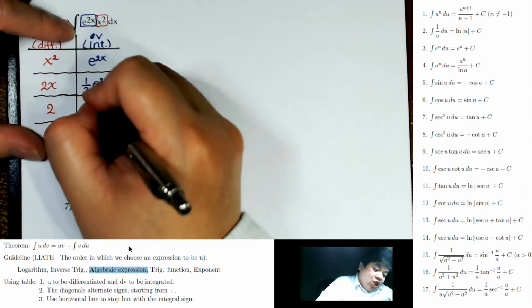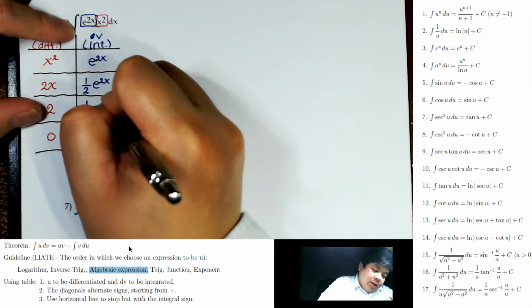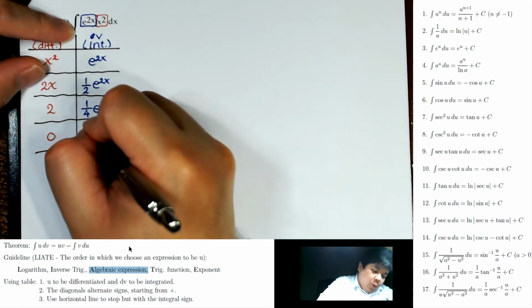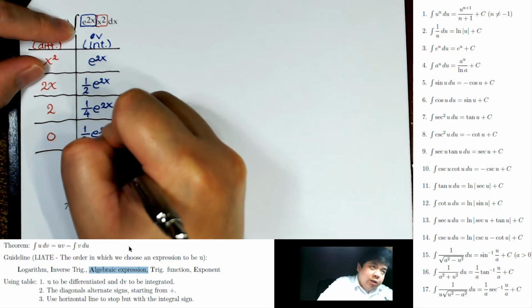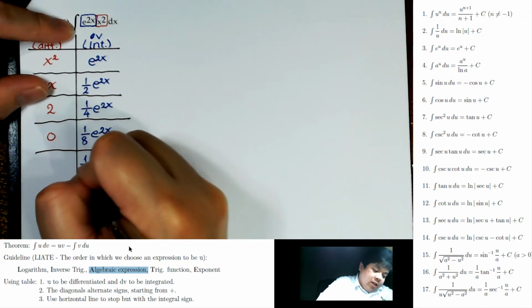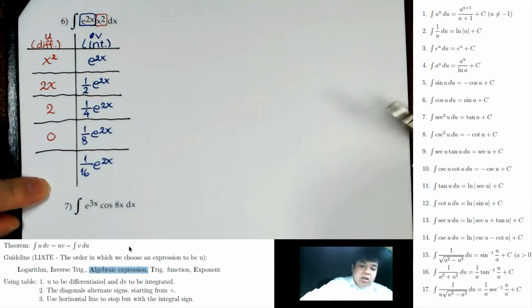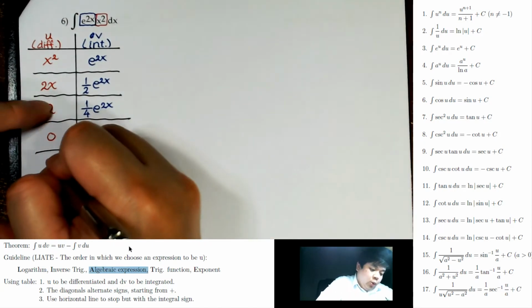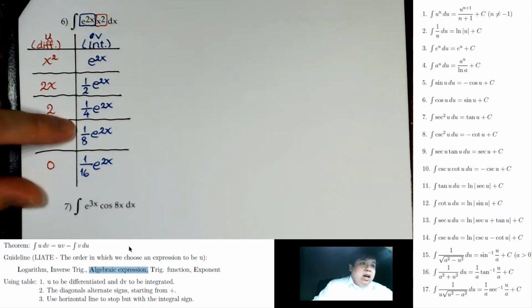And then we divide by 2 again, which gives us 1/4 e to the 2x. Divide by 2 again, 1/8, and 1 over 16 e to the 2x. So 1 we integrate and 1 we differentiate. Right, u to be differentiated and v to be integrated.